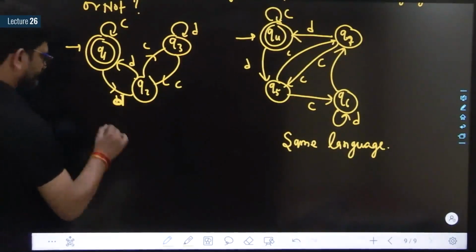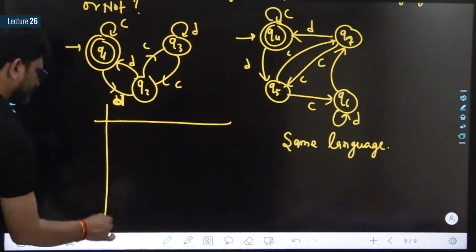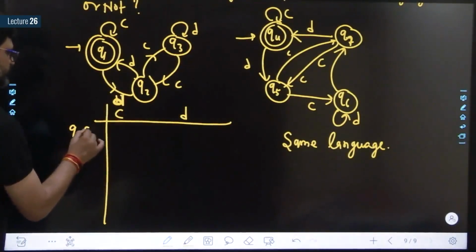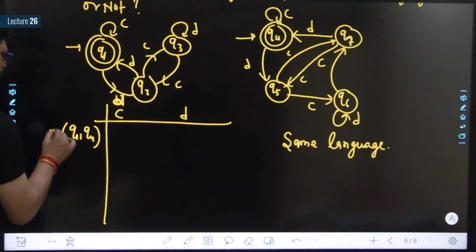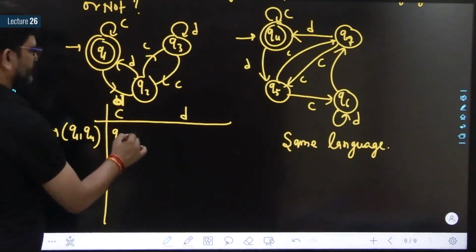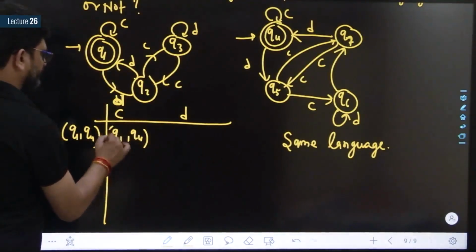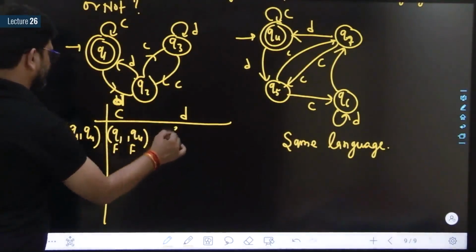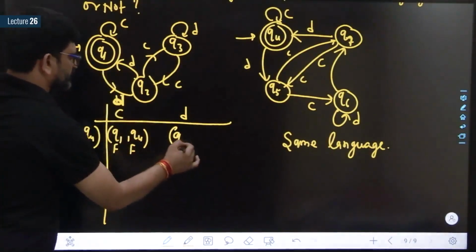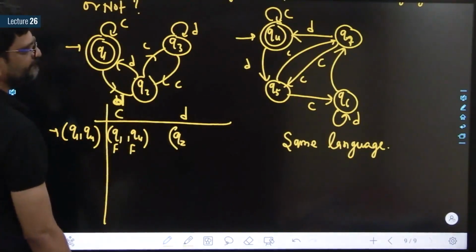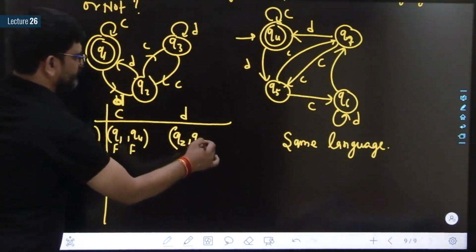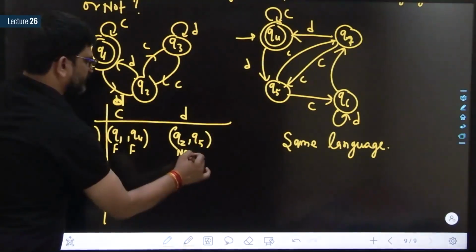C, D. Q1, Q4. Q1 on C, Q1; Q4 on C, Q4. Both are final. Q1 on D, Q2; Q4 on D, Q5. Non-final, non-final.